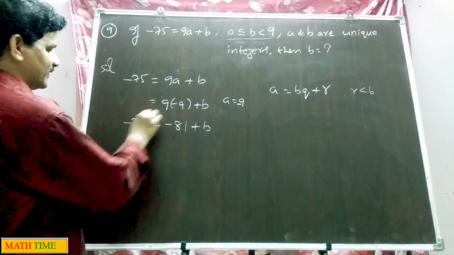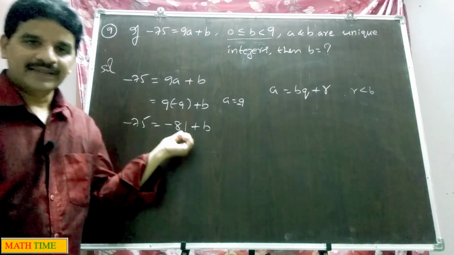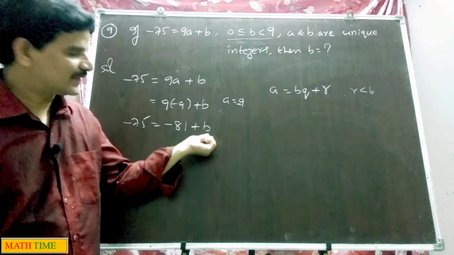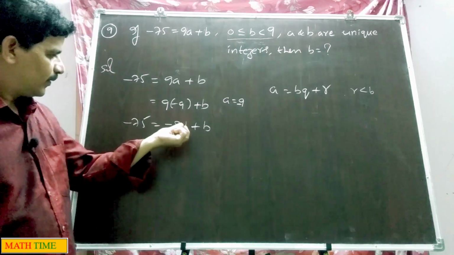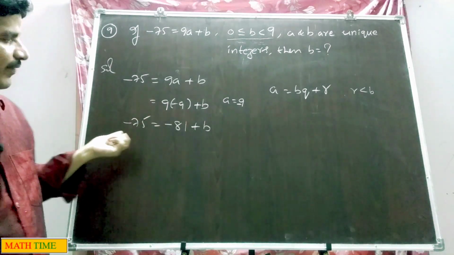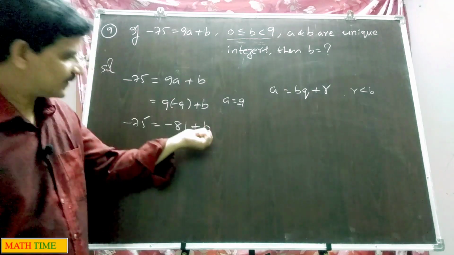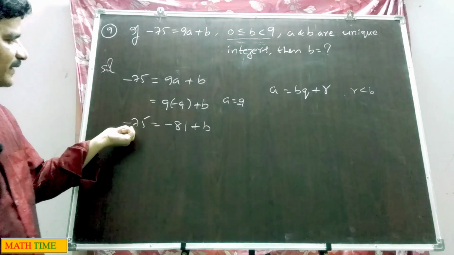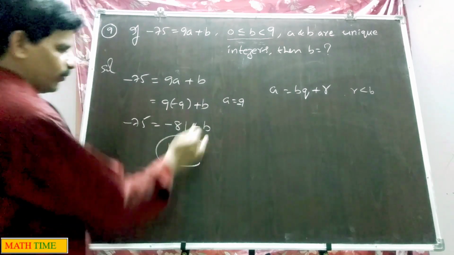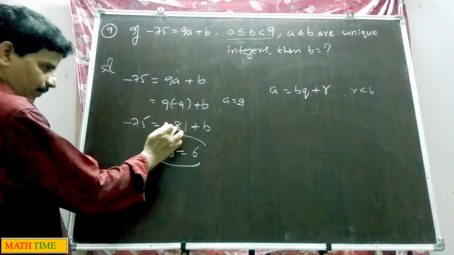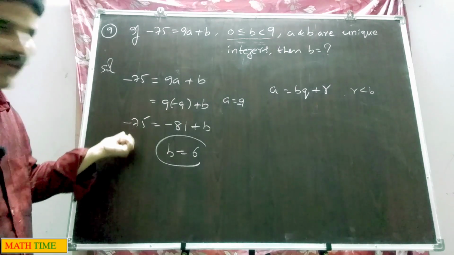This is what? Minus 75. So in RHS we have minus 81 plus b. For which value of b will it be minus 75? Minus 81 plus the value of b equal to minus 75. Therefore b should be 6. If I put 6 here, 6 minus 81 is minus 75.